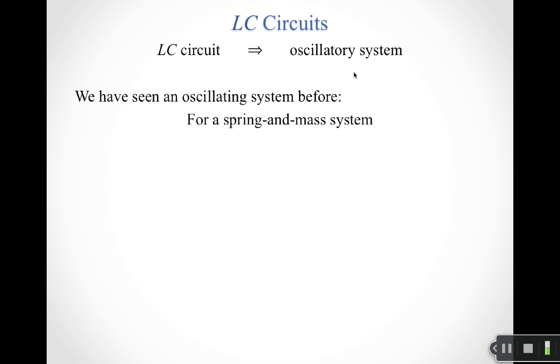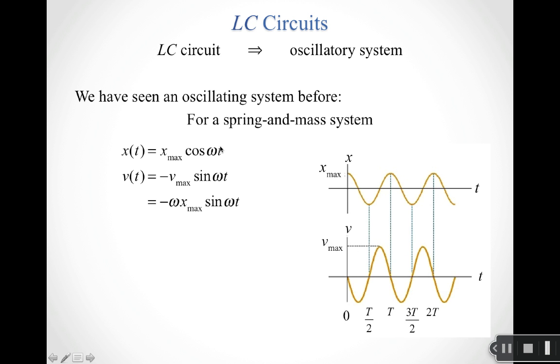Now, of course, we've seen another oscillating system. The spring and mass system was an oscillating system, so we have some sense of what oscillatory systems do. We know that oscillatory systems basically behave like cosine functions. Here I've got the displacement of my mass.